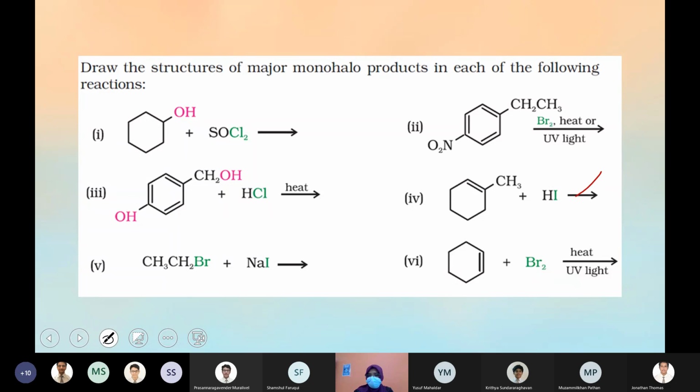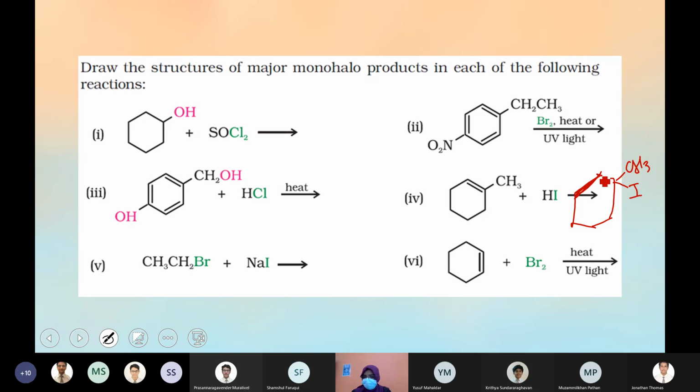I'll draw it here, okay? The answer will be, you will be getting CH3 and I also on the same carbon atom, hydrogen will go to the other. That you don't need to show because it's breaking of the double bond and adding HI. The hydrogen will go to the carbon containing more hydrogen and iodine will go to the next carbon.